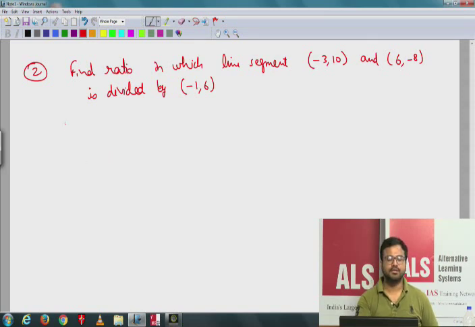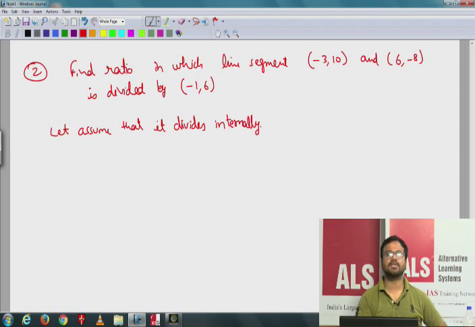Let us assume that it divides internally. If I am getting an answer opposite to what I have assumed, then it means it was dividing externally.